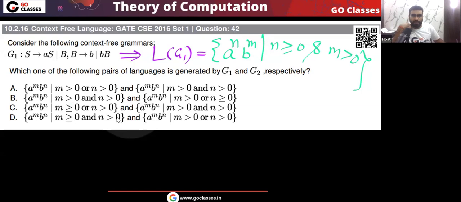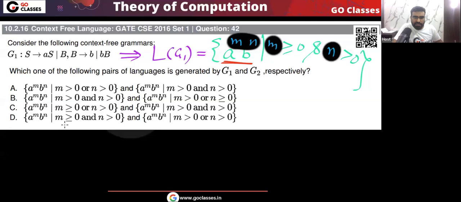If I exchange m comma n, making this m and this n, is this clear? So this will be the answer. You can see which option is matching: A power m B power n, where m is greater than or equal to 0 and n is greater than 0, and there is an 'and' here. So only this option is matching.